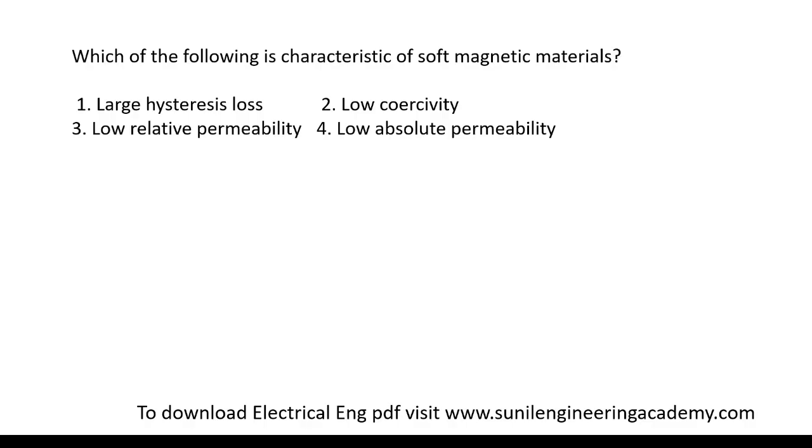Which of the following is a characteristic of soft magnetic material? What does it have? The first one: it has high hysteresis losses? No, it generally has low hysteresis loss. And the second one: it has low coercivity.